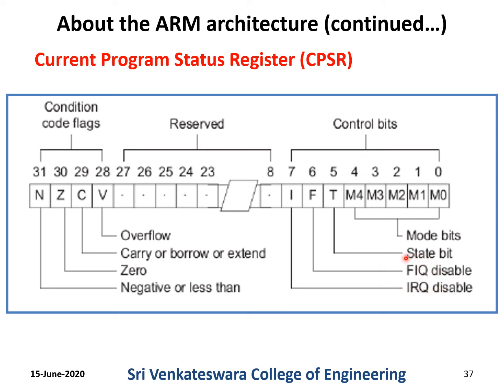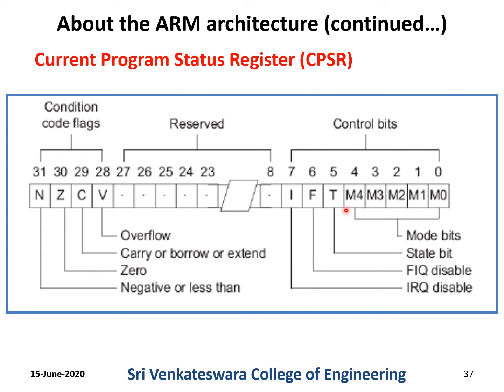We know that the ARM processor can execute 32-bit instructions as well as 16-bit instructions. 32-bit instruction execution is called ARM mode and 16-bit instruction execution is called Thumb mode. When the processor has to be switched into the Thumb mode, this T bit is set. And we know that the processor can also enter one of the 7 processor modes.